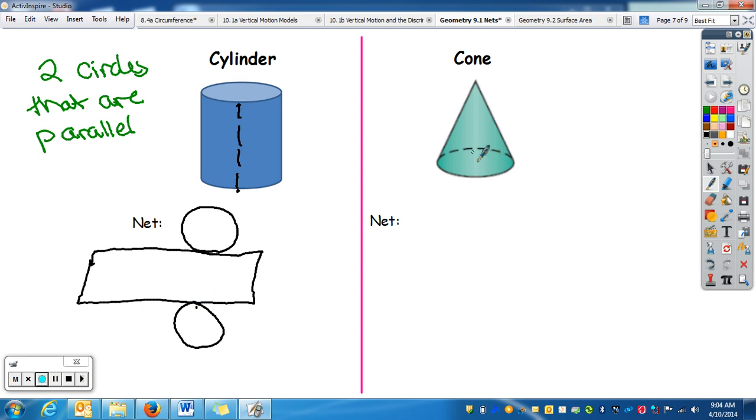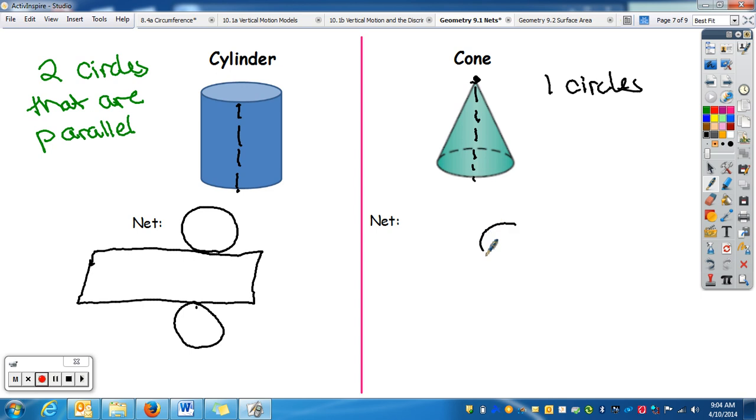A cone only has one circle, and then again it has that pointed top, just like an ice cream cone. So the net of this one is a little different, and not many students can picture what this one would look like, because again you would cut along the edge, but because we have the curve, it's not a rectangle, they're not evenly spaced.